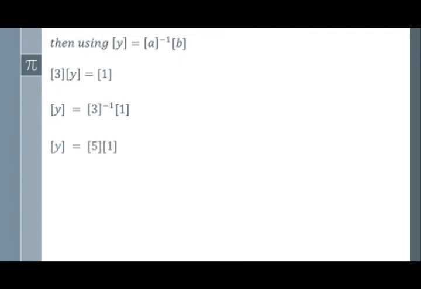We know that the inverse of the congruence class of 3 is the congruence class of 5. Then we substitute it, and therefore the congruence class of y is equal to the congruence class of 5.